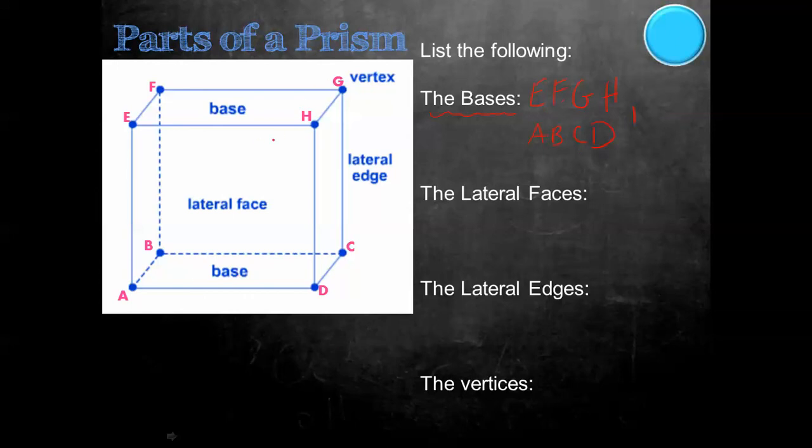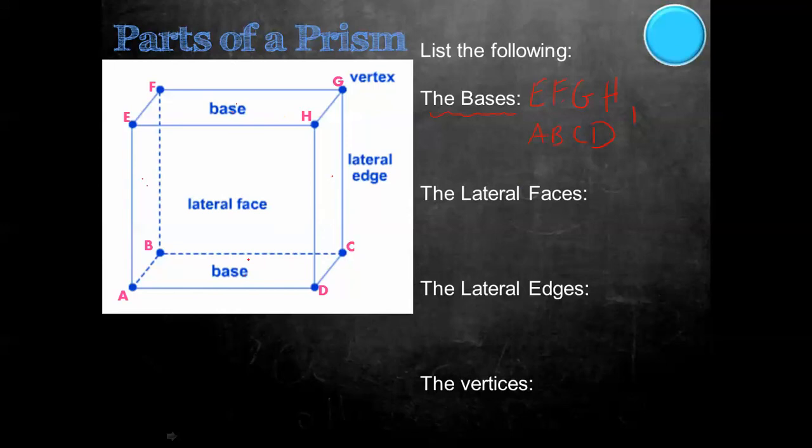With a rectangular prism, your bases could also be the other faces. It all depends on how it's sitting. Since this one is sitting on ABCD, that is the base and that's the base. These two faces are also parallel, so those could be the bases depending on how the shape is sitting.